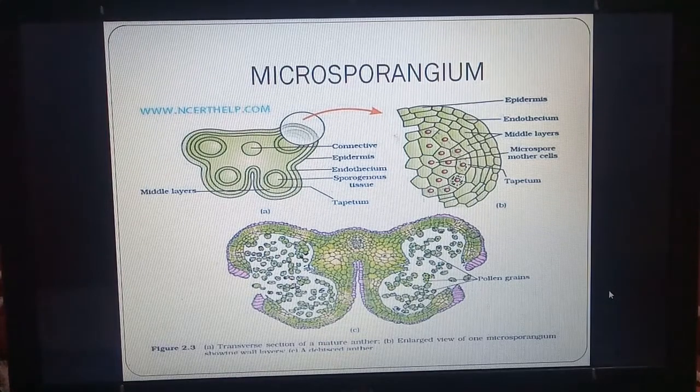Epidermis, endothecium, middle layers, tapetum, microspore mother cells. These will divide to form pollen grains. So B diagram is an enlarged view. The C diagram is a dehisced anther. When the anther matures and breaks, we can see cavities in the C figure and pollen grains will be released.